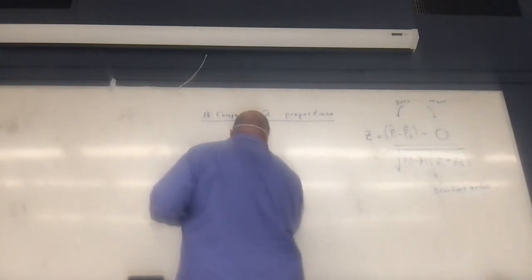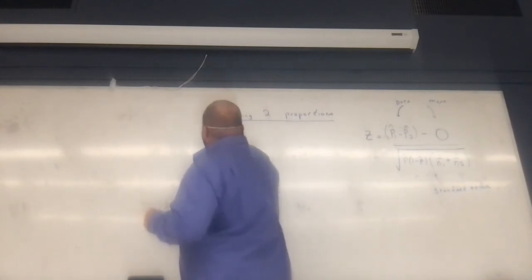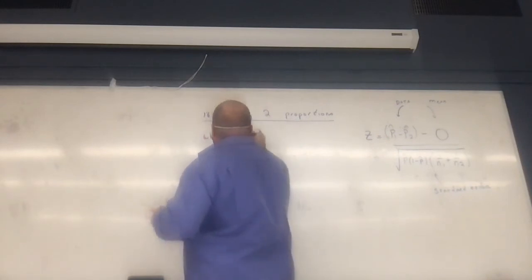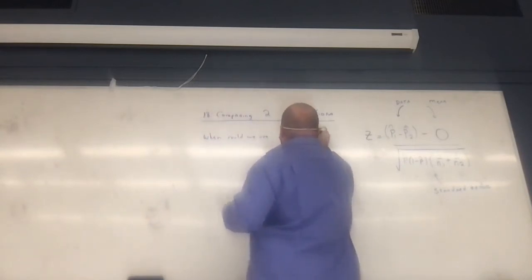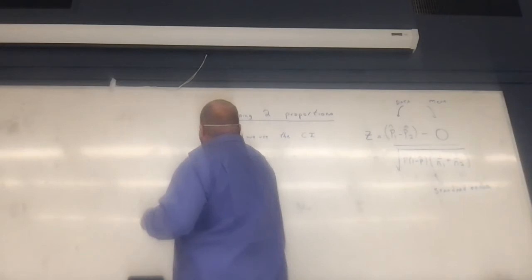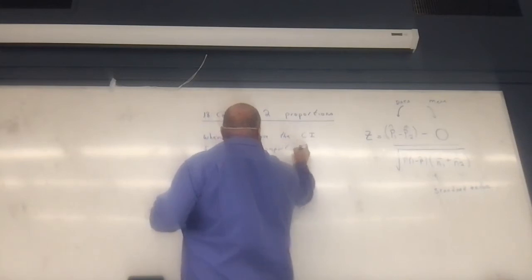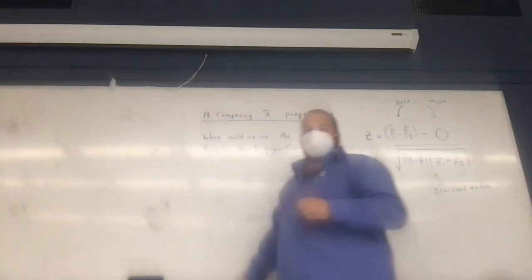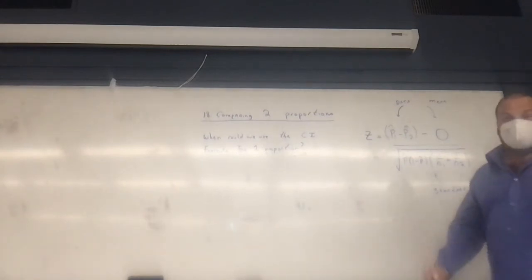Let's recall here. When could we use the confidence interval formula for one proportion? What was the answer? Are you related to the NP, right? I'm asking you.